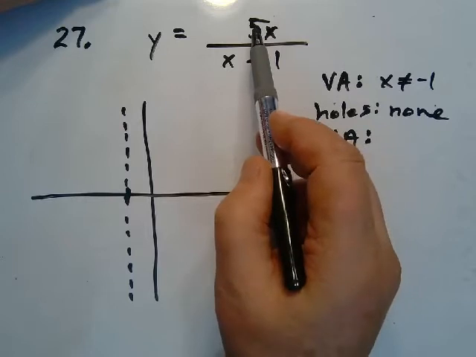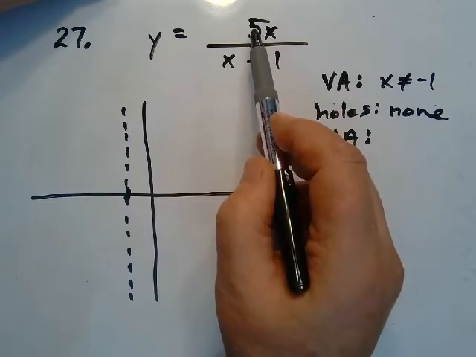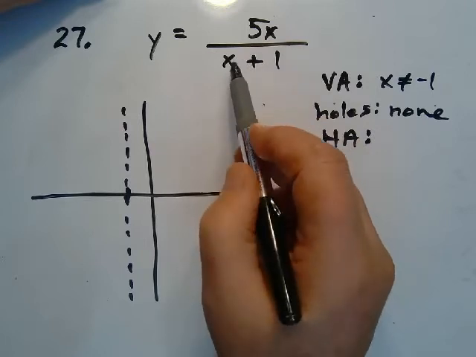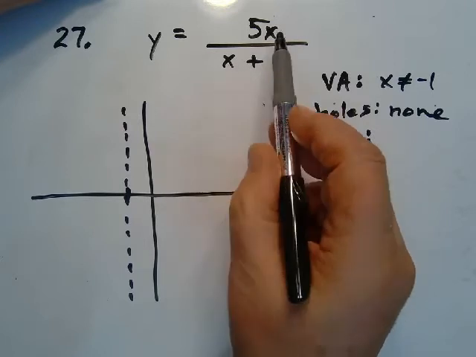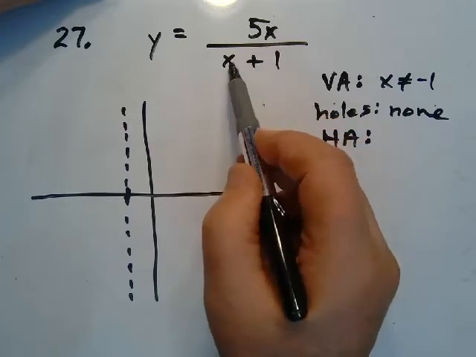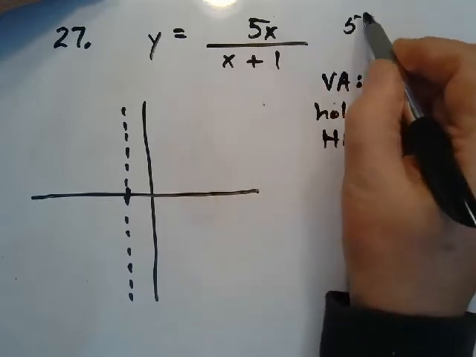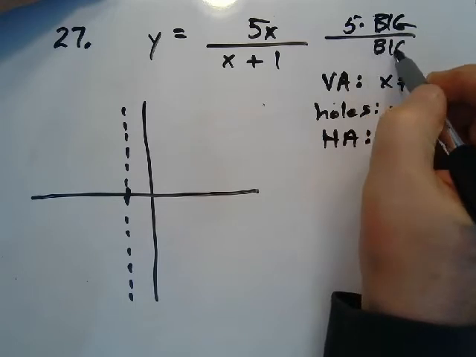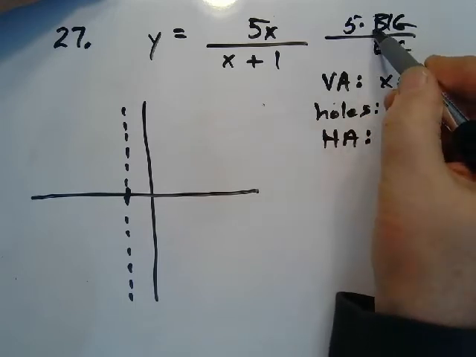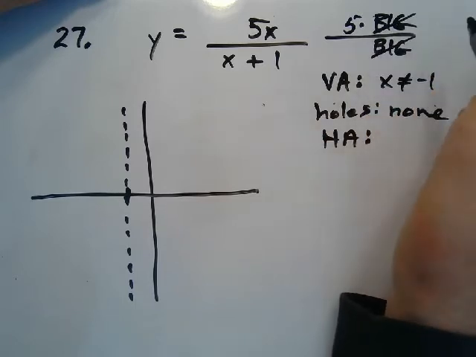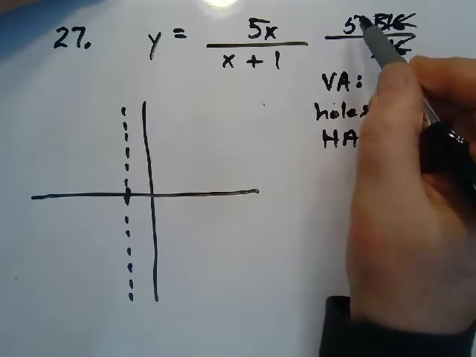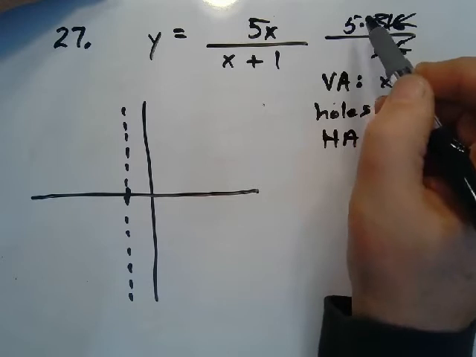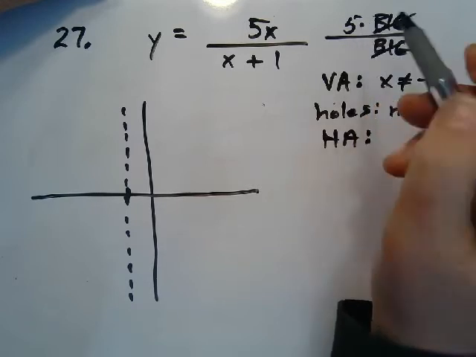But as it turns out, the 5 has some value, because 5 times a very big number over a very big number, the x's would cancel. Turns out that the big numbers, the billions or the trillions, would cancel, and my horizontal asymptote is actually 5 here.